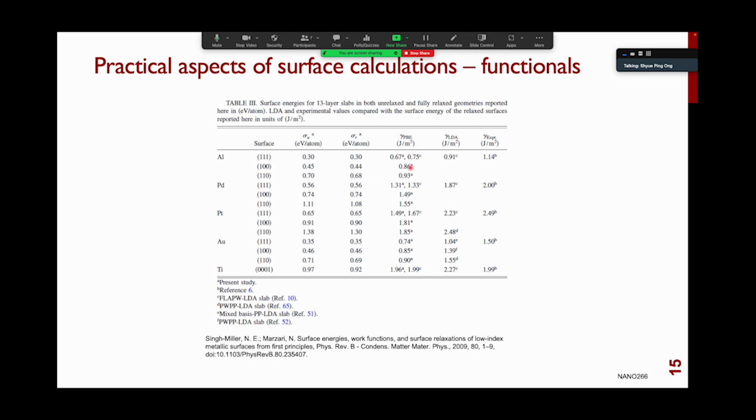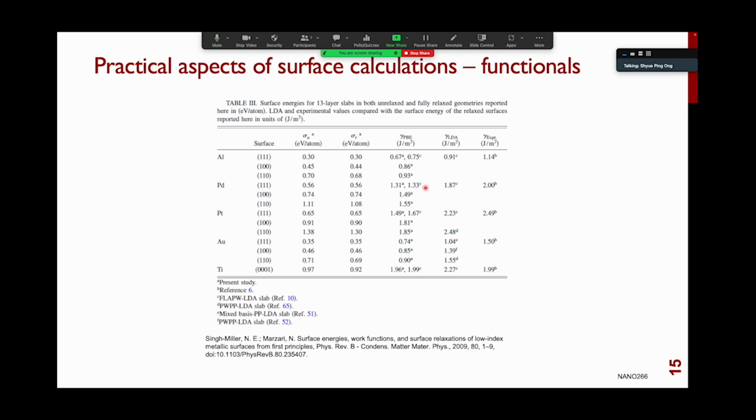You see that the experimental surface energy of aluminum is 1.14 joules per meter squared. The LDA number is about 0.91, but the PBE surface energy is actually severely underestimated.